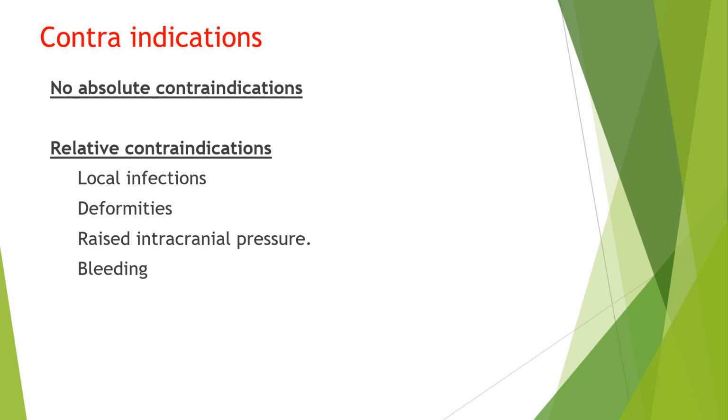If there is raised intracranial pressure, and still you want to study the CSF, as in case of meningitis, you have to go for a guarded LP where you don't remove the stylet completely, but gradually withdraw and you get adequate fluid for study. Similarly, if there's profuse bleeding, it's also a relative contraindication.